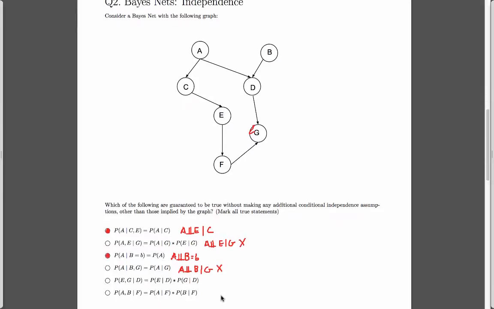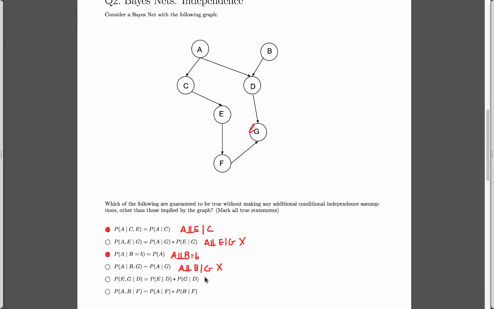Next, we're looking at the second to last statement right here. So this is saying that E is independent of G given D. So in this case, we are conditioning on D, and we want to look at the paths from E to G. And there's two paths. One of the paths is this right here, and one of the paths is here.